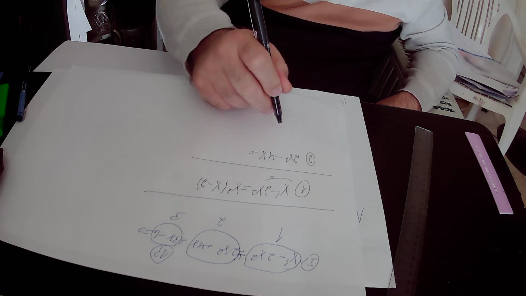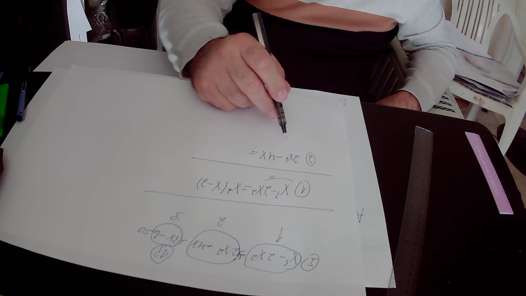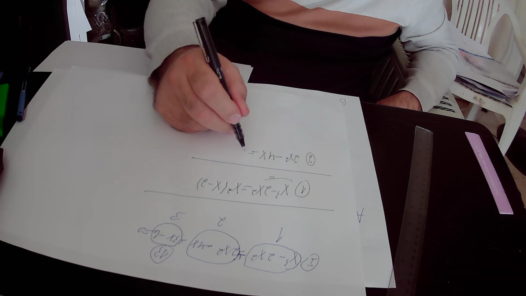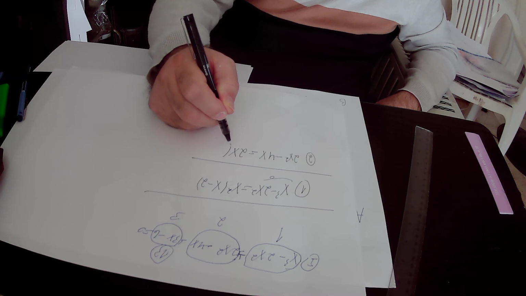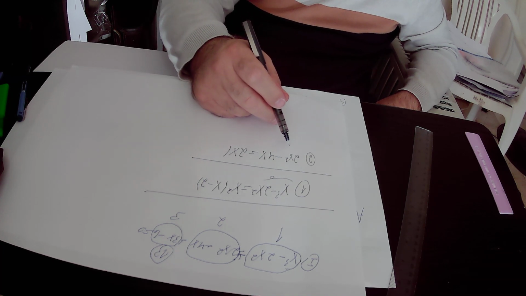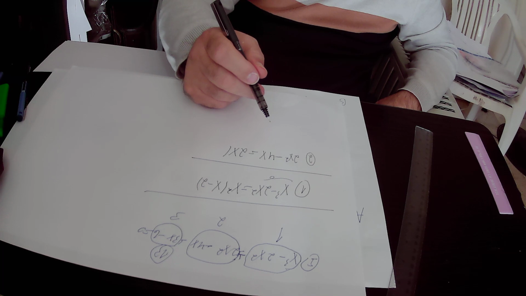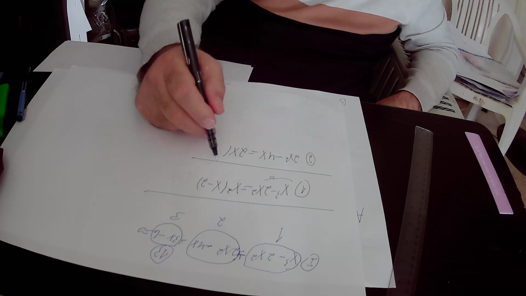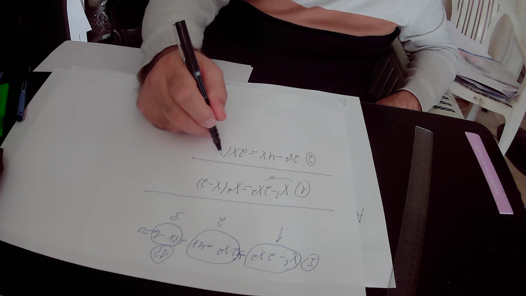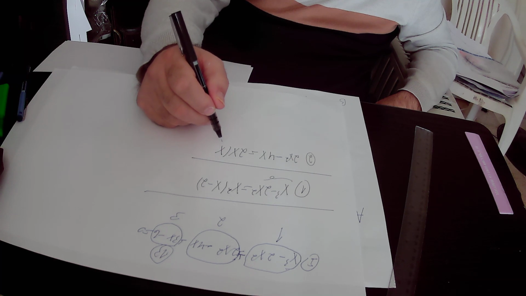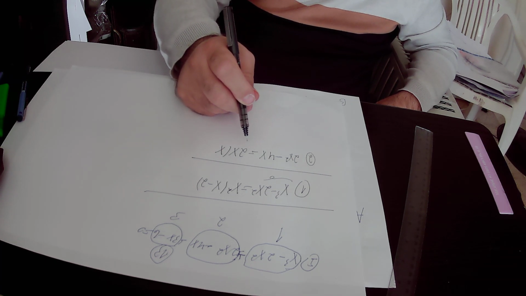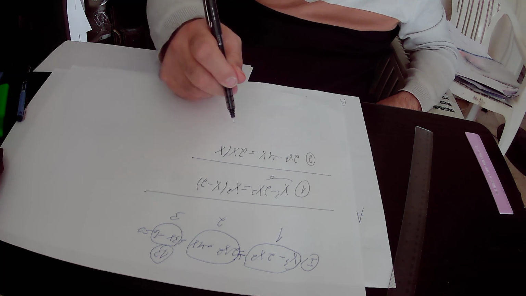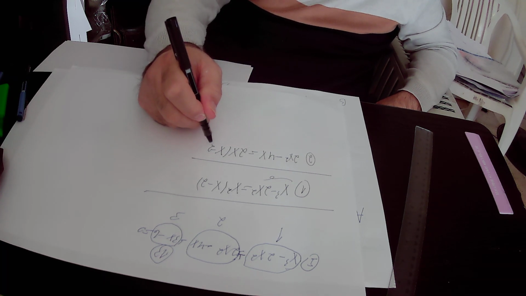Here, the common factor that we take from this expression will be 2x. So 2x is a common factor. So what is left from 2x squared after we took 2x as a common factor? It is actually x. And what is left from minus 4x after we took 2x as a common factor? It is actually minus 2.